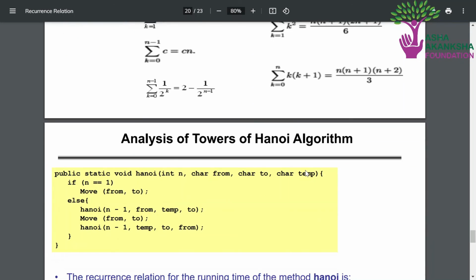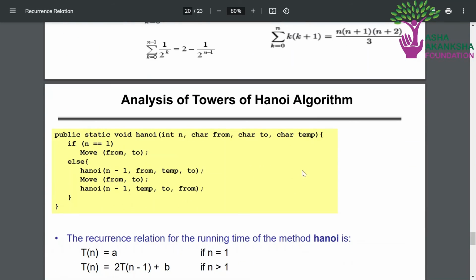Now we will finally analyze the Tower of Hanoi algorithm. This is a very famous algorithm. I recommend you first look at this algorithm on Geeks for Geeks and understand it, and then come to this part. So this is the code for the Tower of Hanoi problem.